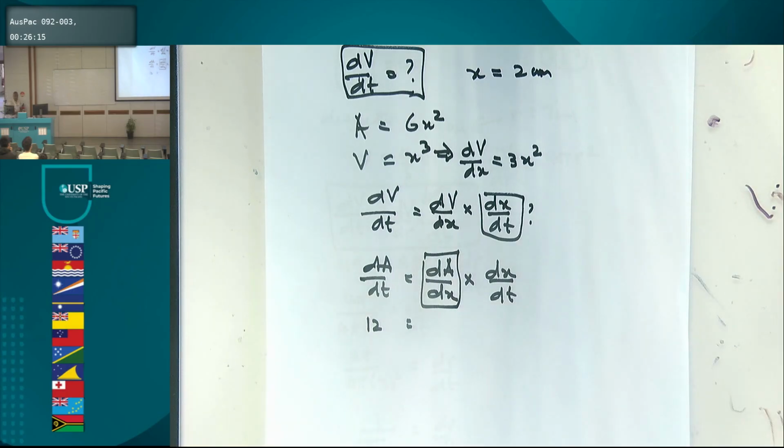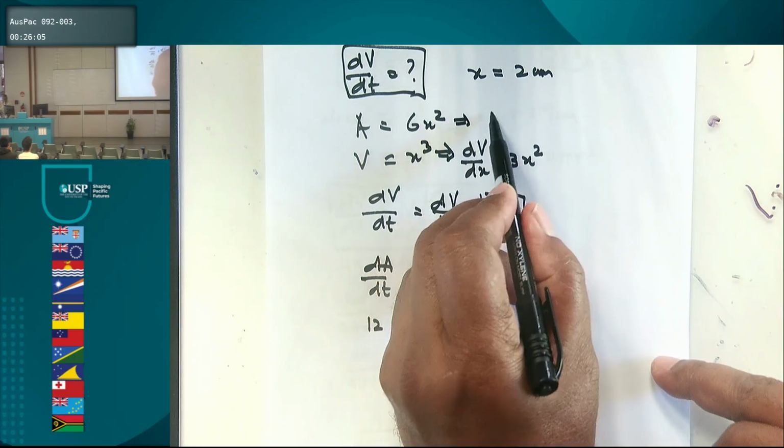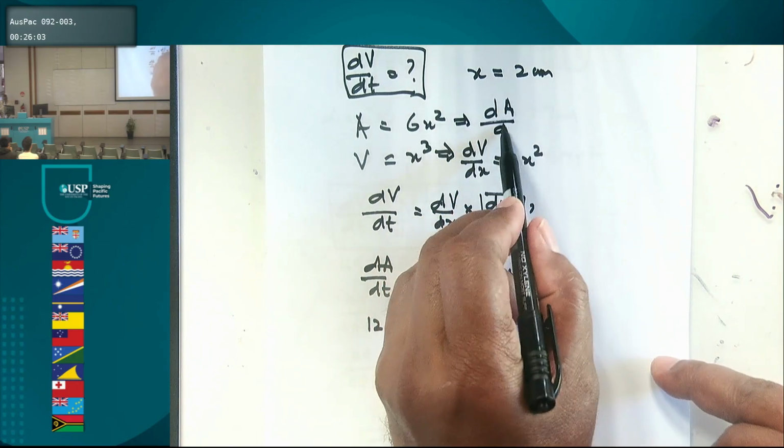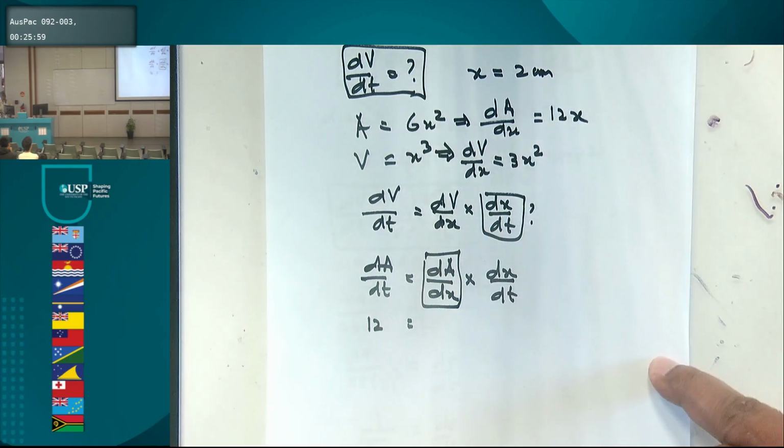Somebody work out the expression for dA over dx. What is it equal to? We will differentiate A. What is it equal to? 12x.